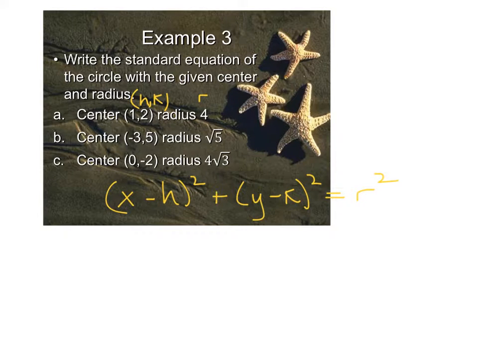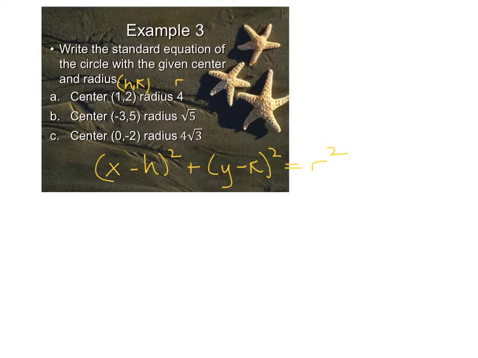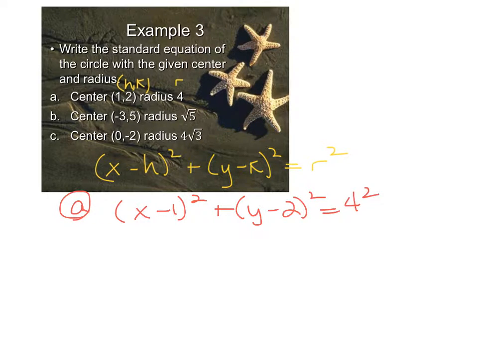So I'm going to take those 3 numbers from example A, and I'm going to replace them in the formula. So for part A, I'm going to replace the 1 for the h, the 2 for the k, and the 4 for the r. The only thing I'm going to simplify is the 4 squared.